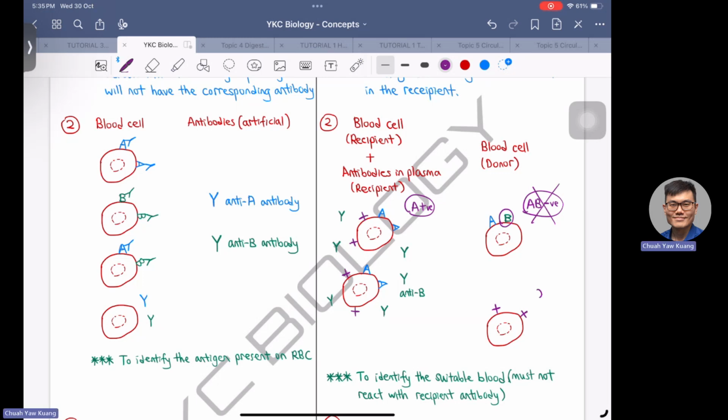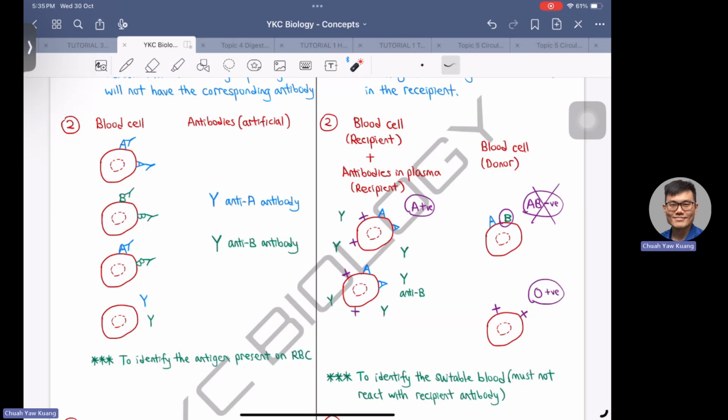How about this O positive blood? This O positive blood doesn't have the A antigen, doesn't have the B antigen, and it only has the D antigen that is positive. Can we give this O positive blood to this recipient?